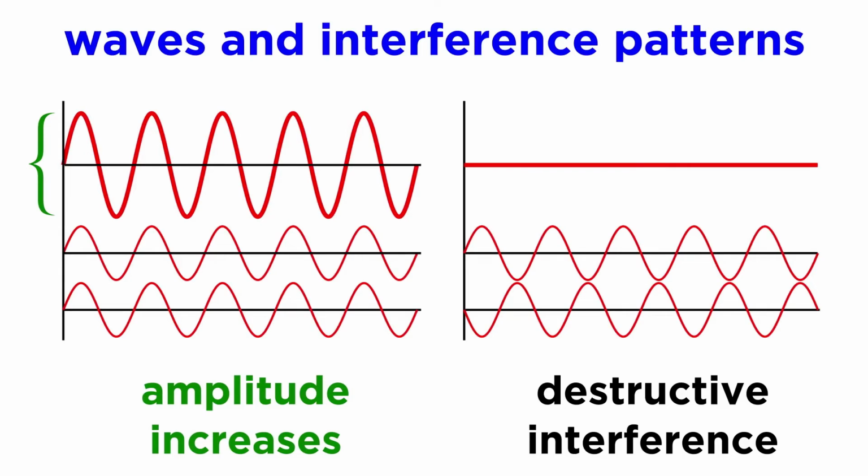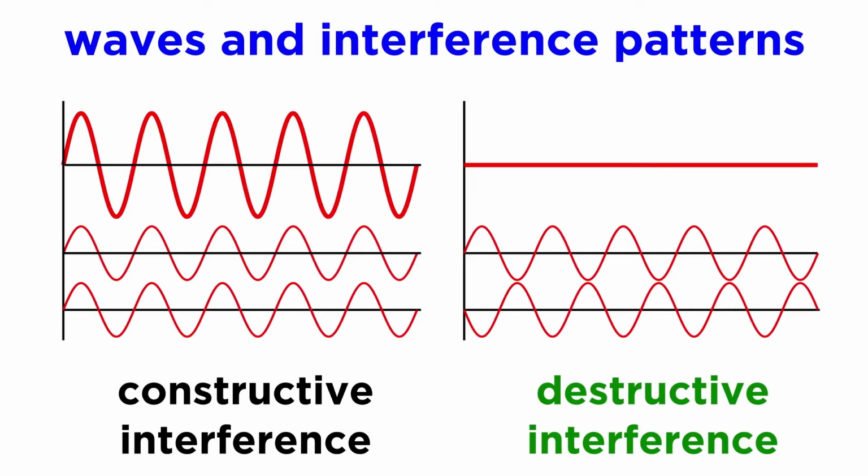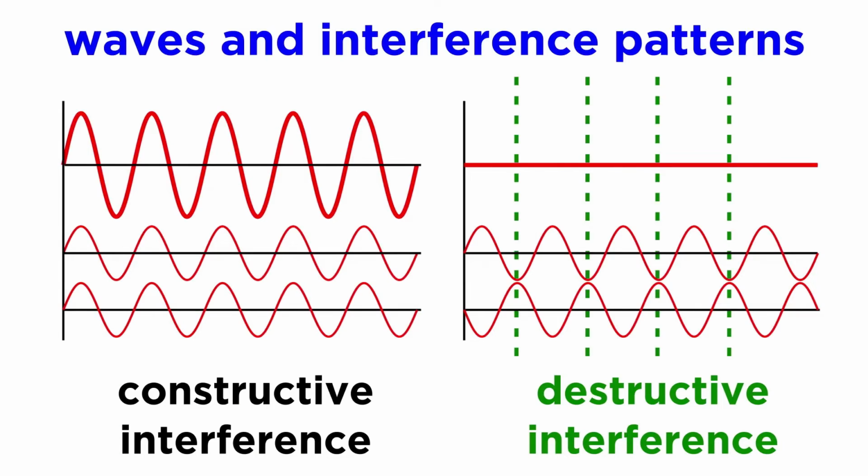This causes the amplitude to increase, which results in a bonding molecular orbital, like the sigma s orbital. Most of the electron density is between the nuclei, which strengthens the bond. There can also be destructive interference, where the peaks line up with troughs.